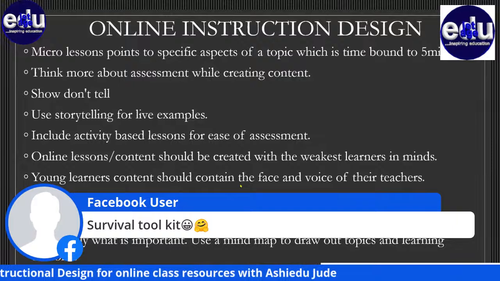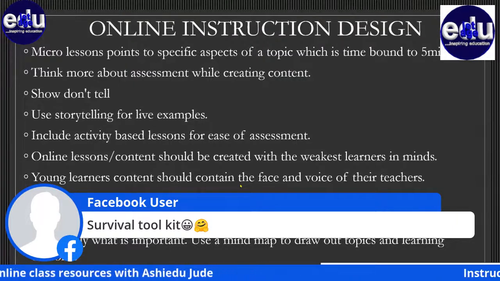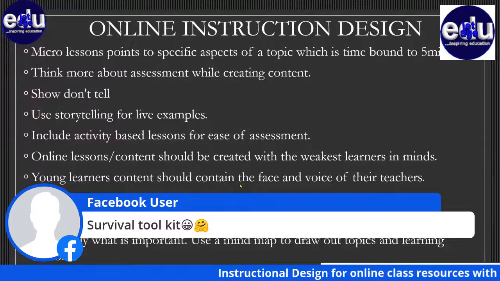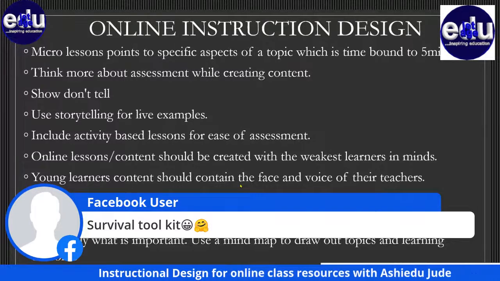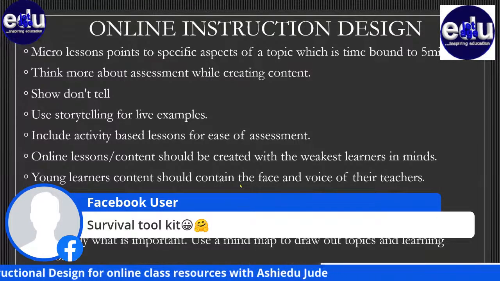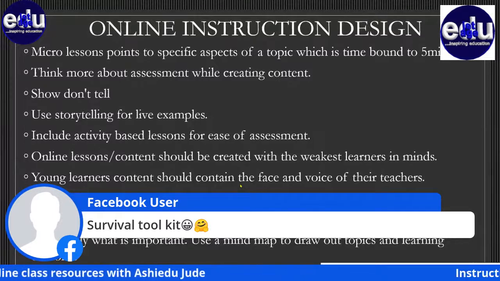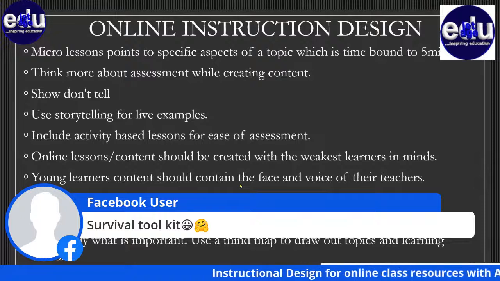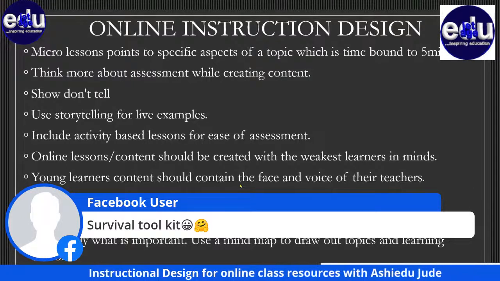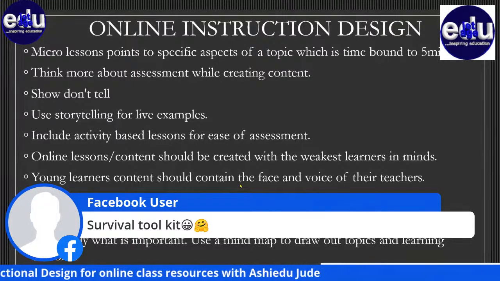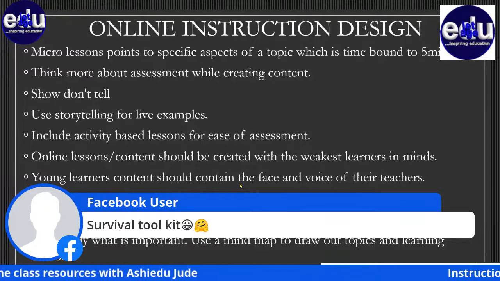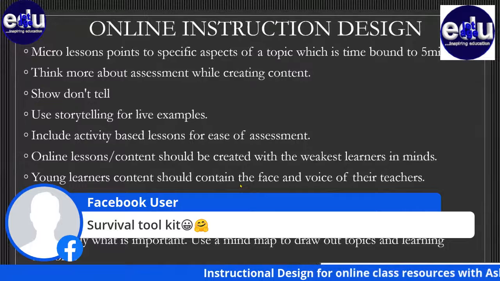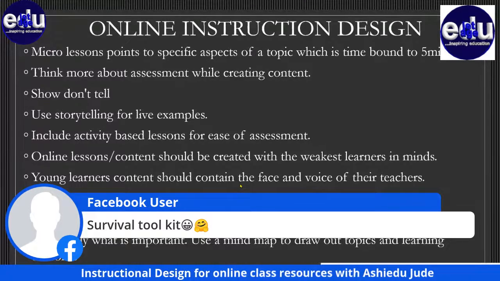At this point in time, micro lessons work, and I'll show you what works for primary and nursery school. Micro lessons are just short lessons that are on point. They just talk about the topic and they are time bound too. The maximum length of a micro lesson is just 5 minutes. The rest is to get open-ended questions to see how your students have digested that micro lesson.